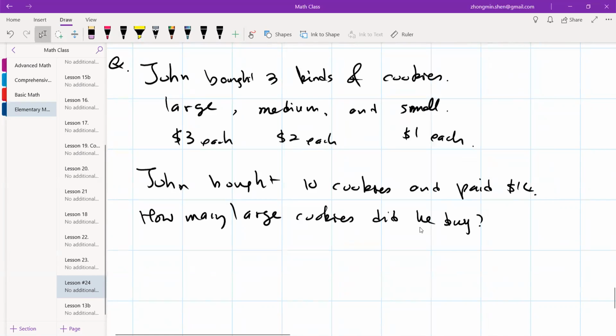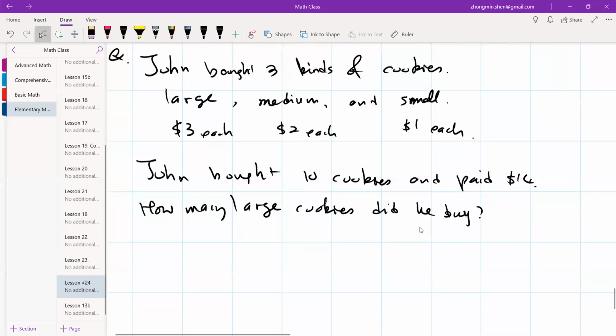He already bought 3 kinds, which means there is at least one of each. At least he bought one medium size. So he bought one big, 9 small ones and a medium one.